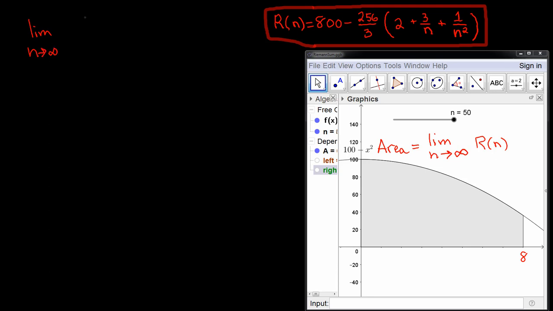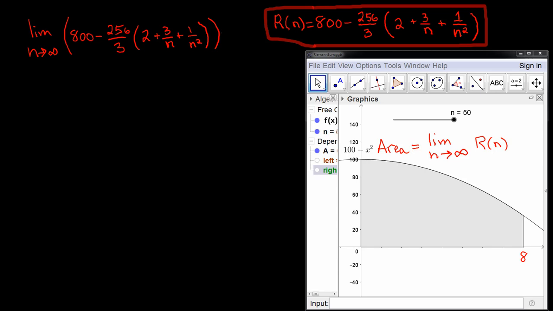The limit as n goes to infinity of 800 minus 256 over 3 multiplied by 2 plus 3 over n plus 1 over n squared.